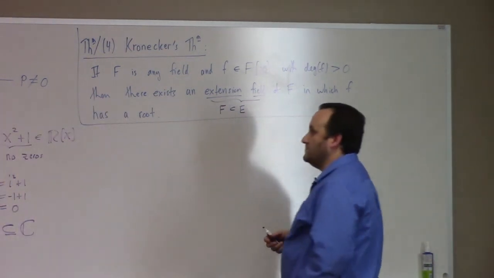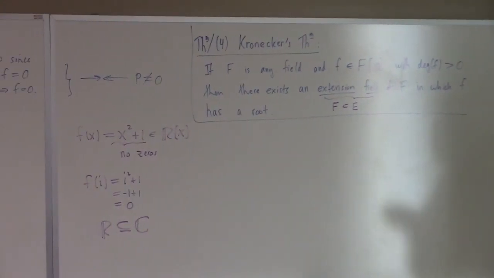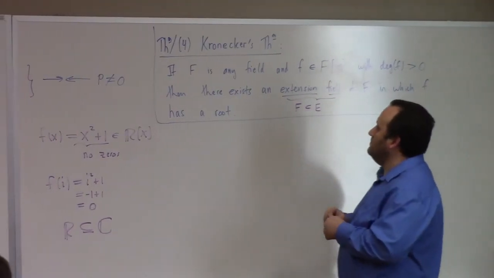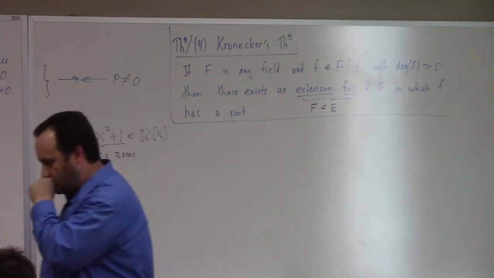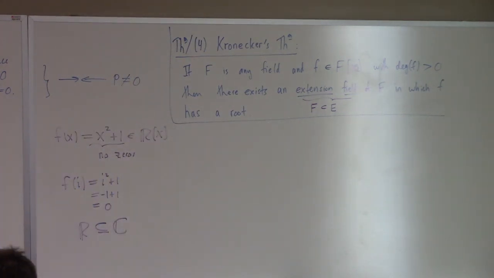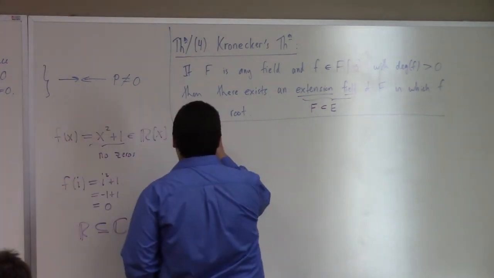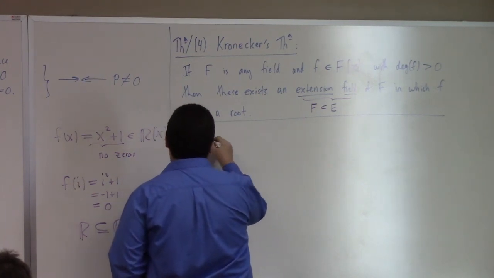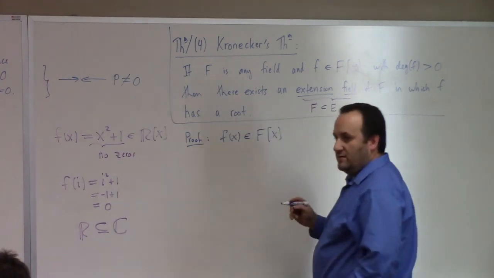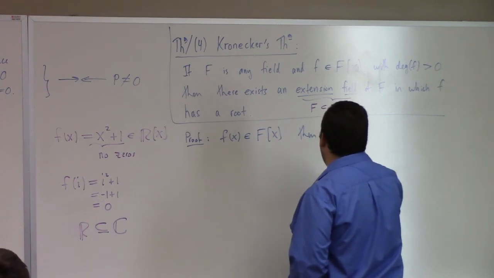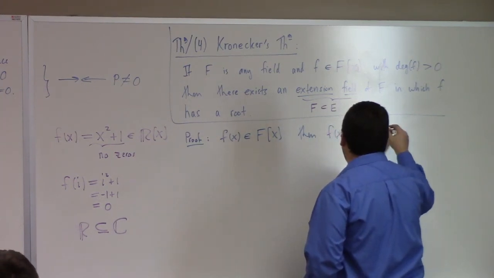Now, let me sketch the proof for you. I think we've done most of the ingredients we need to do this. So you take a polynomial. Let's suppose f of x is a polynomial over the field. Then f of x is equal to p of x times g of x.